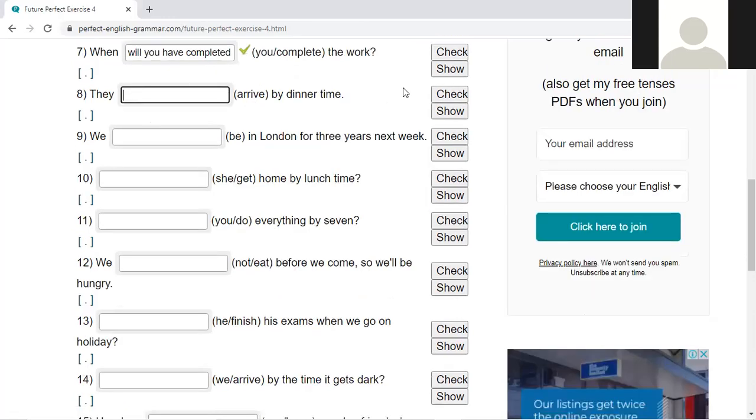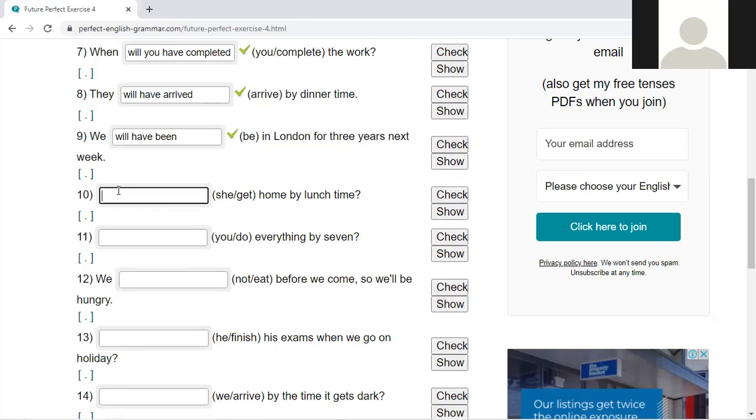Number 8, they will have arrived by dinner time. Okay, very good. Number 9. We will have been in London for 3 years next week.